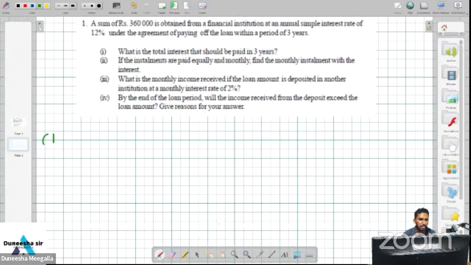What is the first one? What is the total interest that should be paid in 3 years? What is the loan amount?